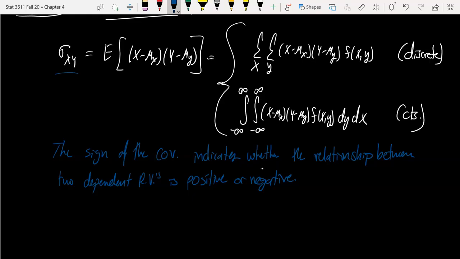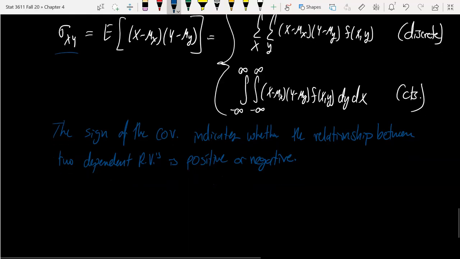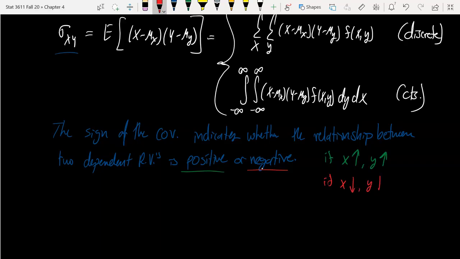What do we mean by being positive or negative? I like to think of it this way: in a positive relationship, if x goes up, y should go up as well. In a negative relationship, if x decreases, then y decreases as well. Okay?